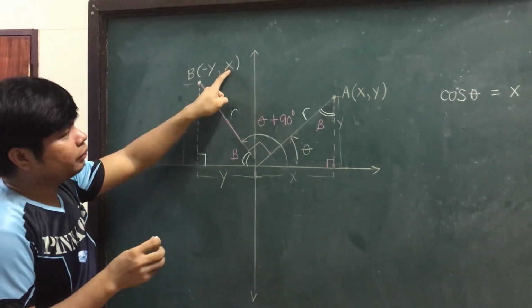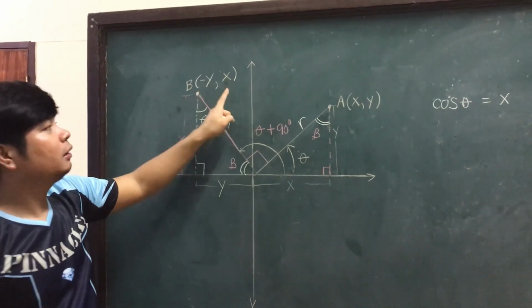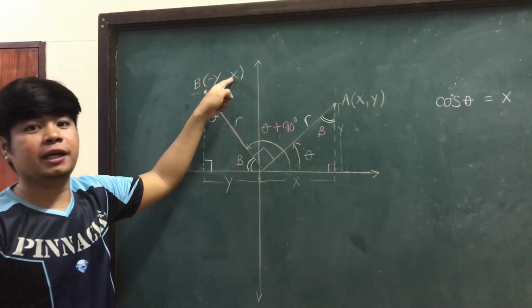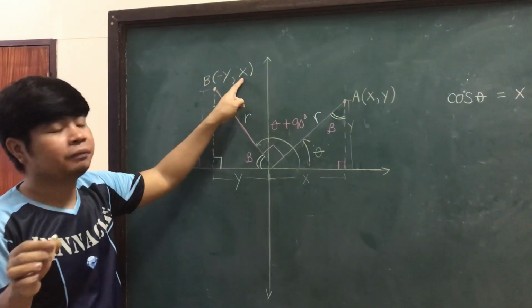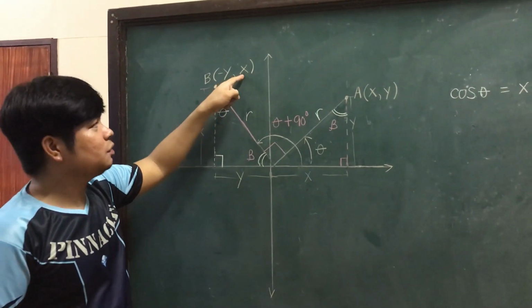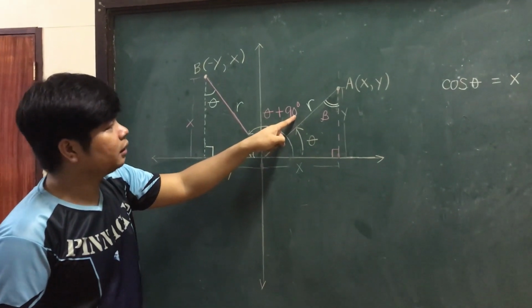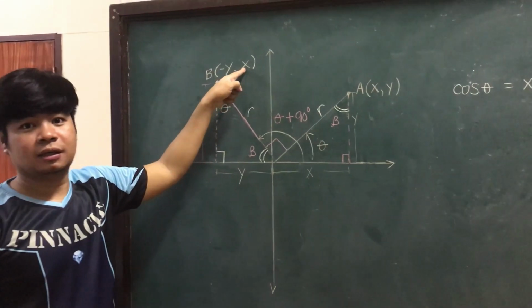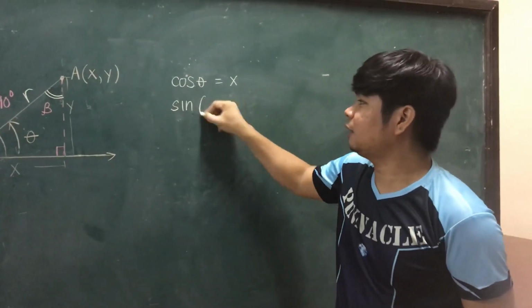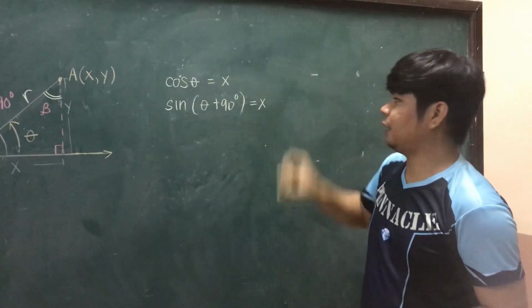This x here will again represent a trigonometric value, but this x becomes a y coordinate, and when we talk about the y coordinate, it refers to the sine function. So it means to say that sine of theta plus 90 degrees is equal to x.